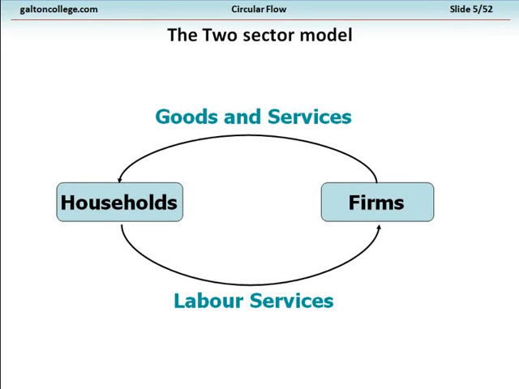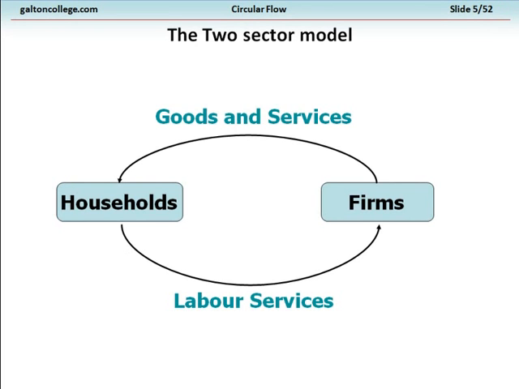So the real sector here, the real flow of goods, is we get real things, and in return we put in our effort, our energy into the companies to make the things. So there's households and firms, real goods flowing from the firms to the households, real labour effort flowing from the households to the firms. We go to work and we make the things.